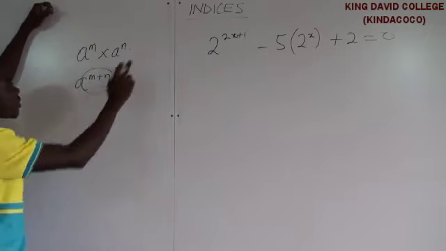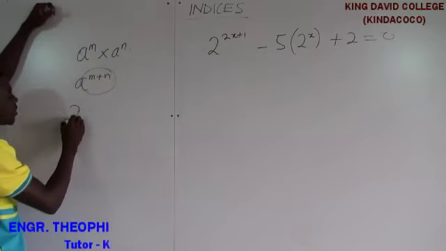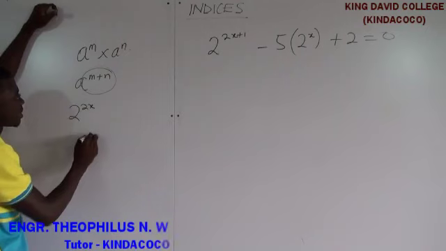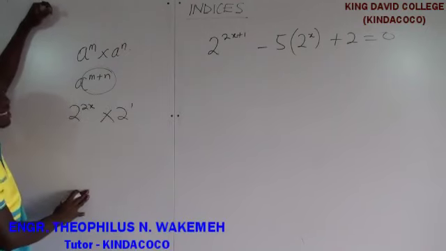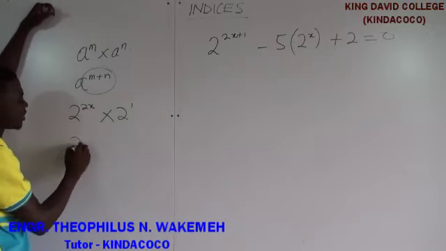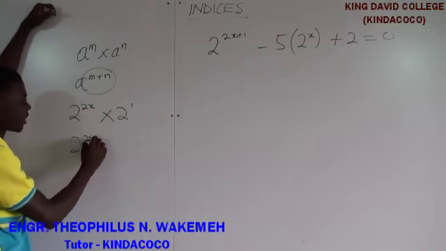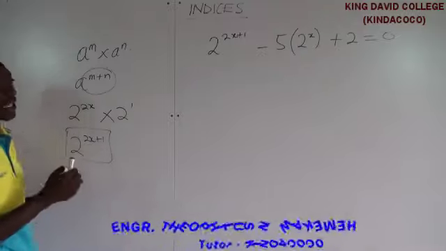So it means that if I compare this to what I have here, then it's 2 to the power 2x, right, times 2 to the power 1. That's what is happening. Because when I multiply this, then it's going to be 2 to the power 2x plus 1. And that is exactly what is represented here.